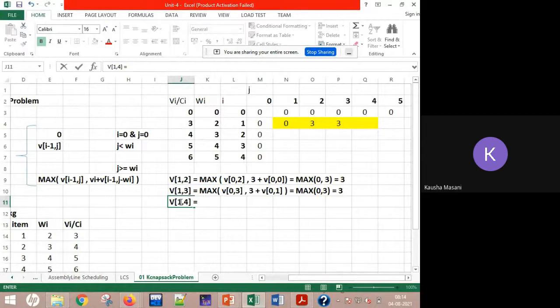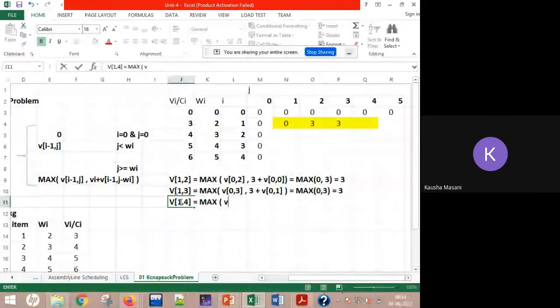Everyone, compute it fast for V of 1, 4 and V of 1, 5. Those who are not getting and not speaking still, you can have a look on the screens. Those who are getting, this is one of the practice. Kindly do it on your own and you can verify from the screen.